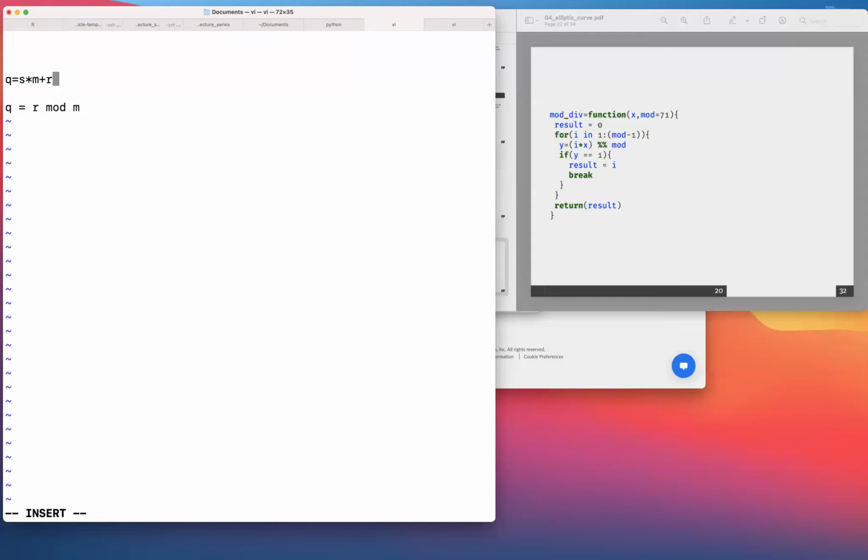Let me copy this. Okay, because this might not be a familiar concept. When you say q is equal to r modulo m, there is a number s such that if you multiply it to m and you add r, you get q. Okay, so that's the meaning of modulo.